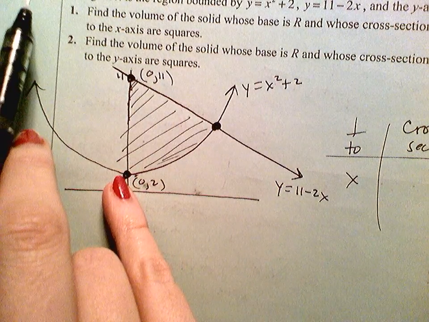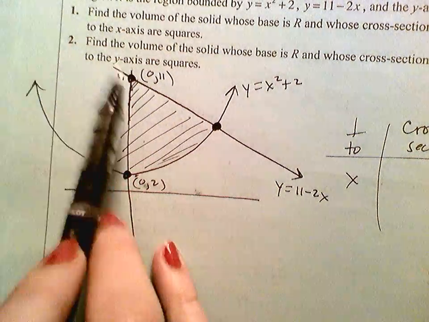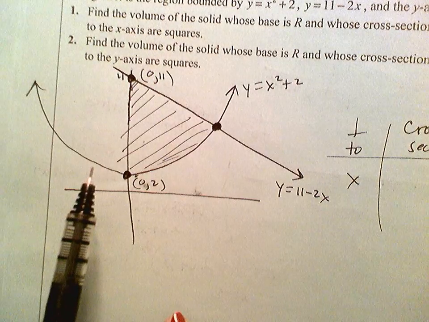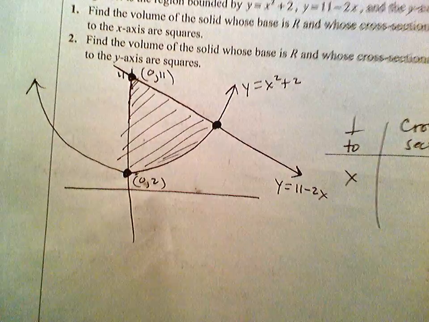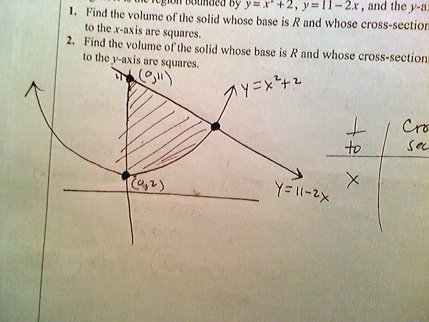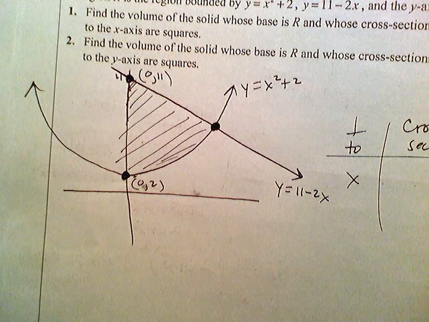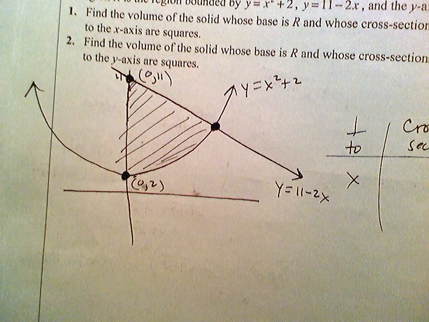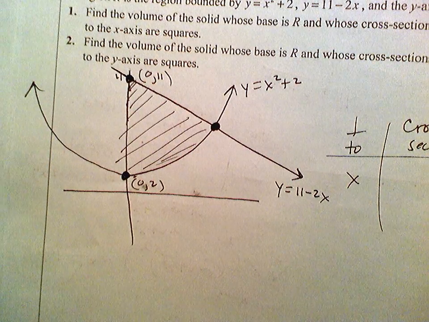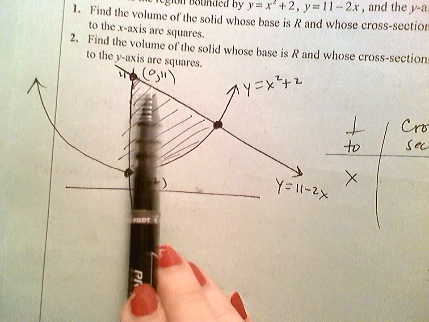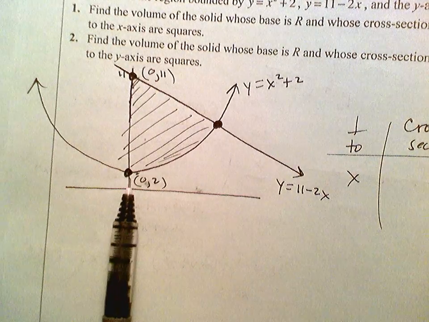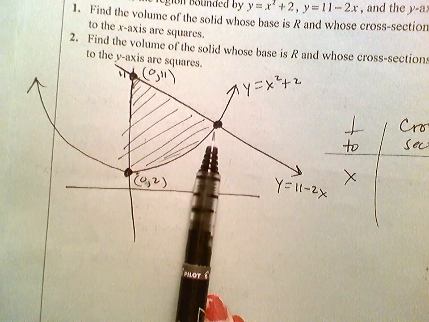The directions aren't clear. We're just going to assume it's this section that's in the first quadrant. If it was on a test or a quiz, it would be absolutely clear what they were asking for. Then I did the coordinates of this vertex 0, 11, this vertex 0, 2, and then this vertex.